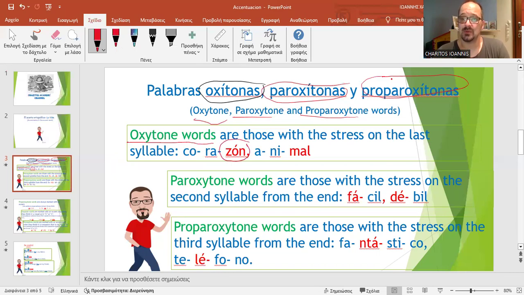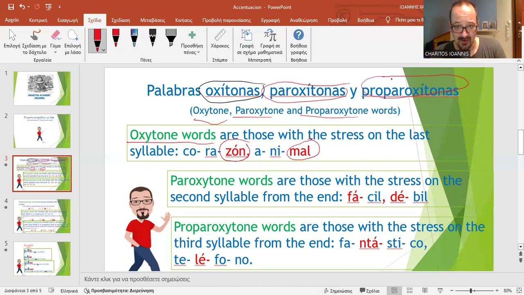The same happens with animal: again, there are three syllables, animal, but phonetically, the stressed syllable is the last syllable, animal. So oxytone words are those that are stressed on the last syllable.